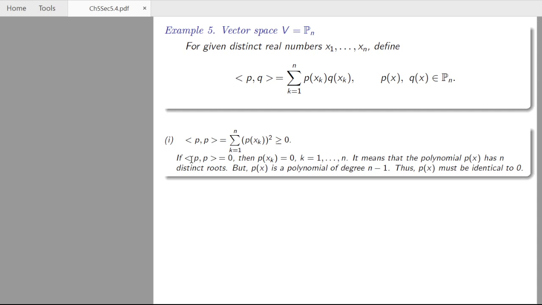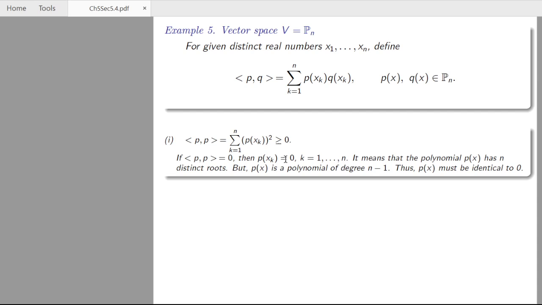So if the operation between p and p equals 0, that means this summation equals 0. But each term is a square, so the only possibility is that all these squares equal 0. That means p(xk) equals 0.